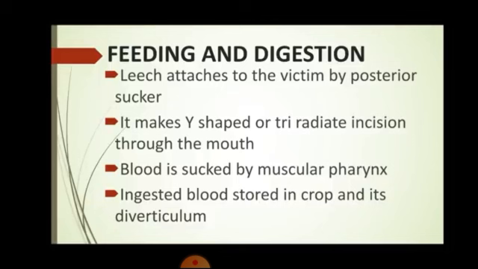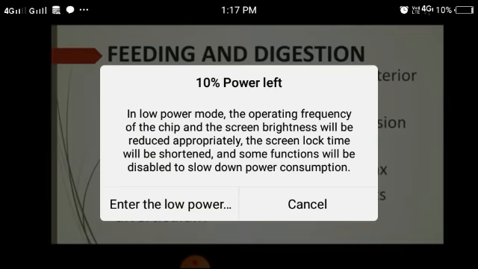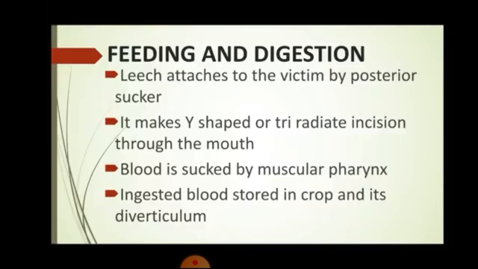This will stop the blood from clotting, and it also acts as an anesthetic substance that prevents the host from feeling the bite. Even when a leech sucks blood, until it has filled its crop, where it can store the blood, the host cannot feel it. Only once the process is over will the host realize that something has been sucked from the body, and feel the pain.